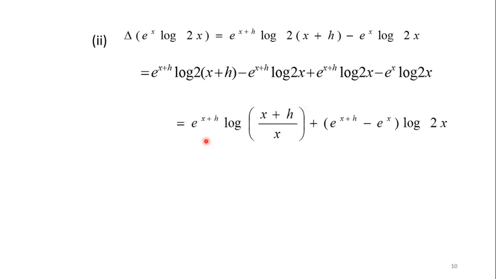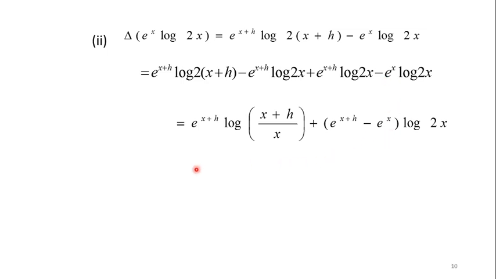So that you can take e raised to x plus h common and apply the logarithmic formula, log m minus log n is log of m upon n. So log of (x plus h) upon x, where the 2 cancels with 2, simply you will get x plus h upon x. And the remaining terms, by taking log of 2x common, are e raised to x plus h minus e raised to x.